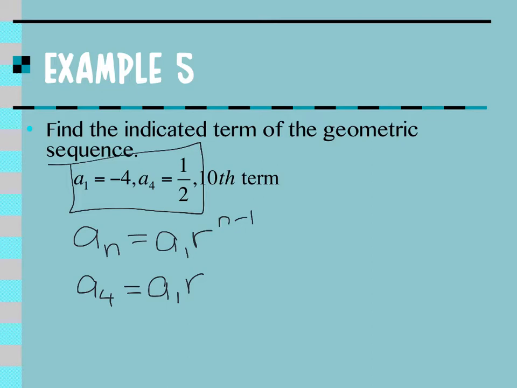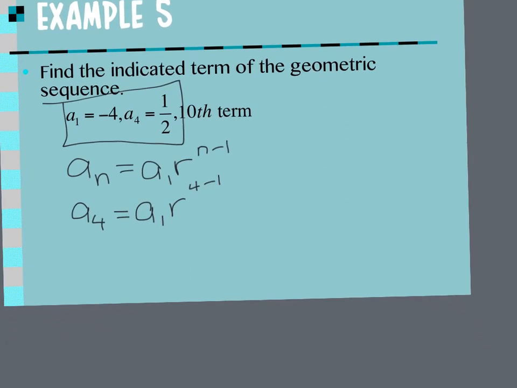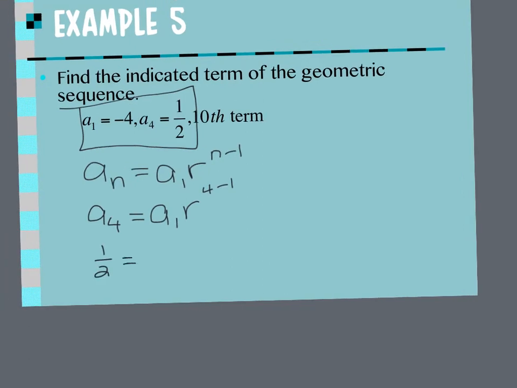So if I'm in the fourth term, what's n? 4 minus 1. And I know a sub 4 and a sub 1, so I still have 1 unknown this way. So a sub 4 is 1/2. A sub 1 is negative 4. R is what I don't know, but it's raised to the third power.